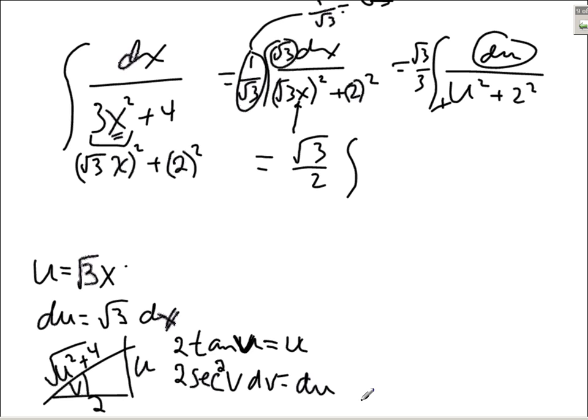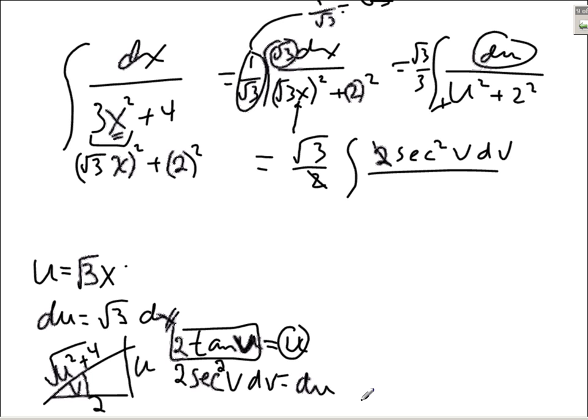The top is du, well that's 2 secant squared v dv. And in the bottom I have u squared plus 4. Now I can square this, so that will give me u squared and add 4. This over that is close to what I want: the secant of v is the square root of u squared plus 4, over 2.